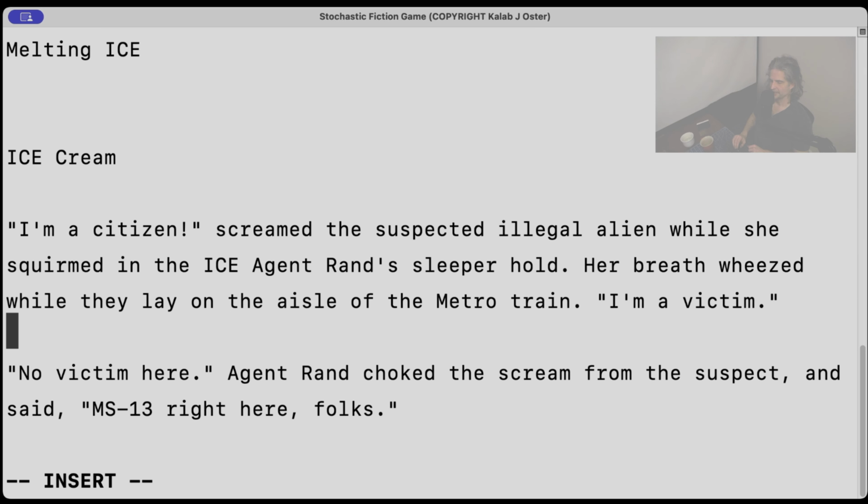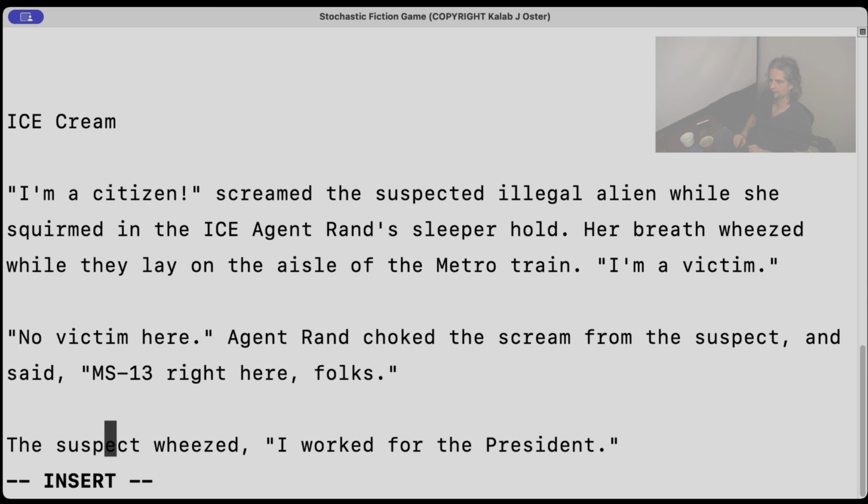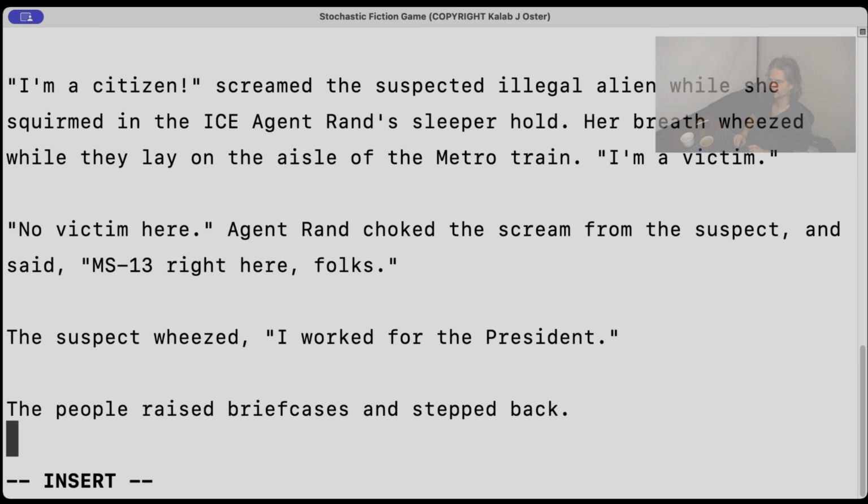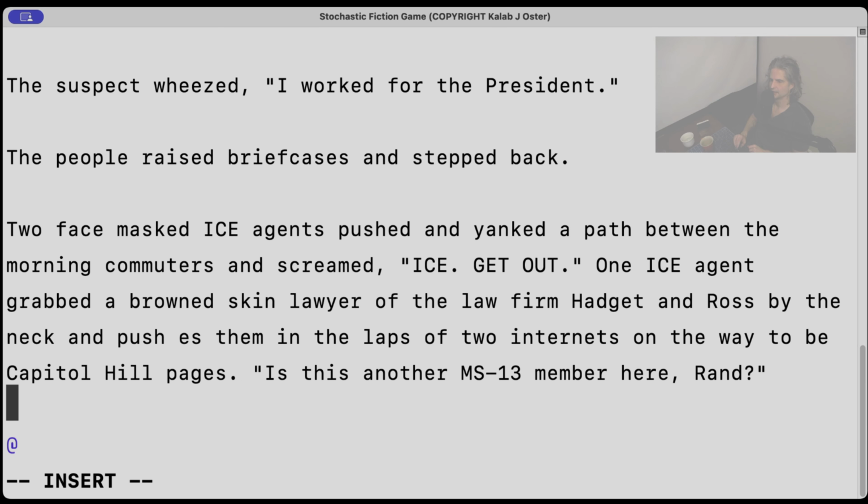Ice Cream. "I'm a citizen!" screamed the suspected illegal alien, while she squirmed and the ICE agent ran a sleeper hold. Her breath wheezed while they lay on the aisle of the metro train. "I'm a victim." "No victim here," Agent Rand choked the scream from the suspect and said, "MS-13 here, folks." The suspect wheezed, "I work for the president." The people raised briefcases and stepped back. 2 face-masked ICE agents pushed and yanked a path between the morning commuters and screamed, "ICE, get out!"